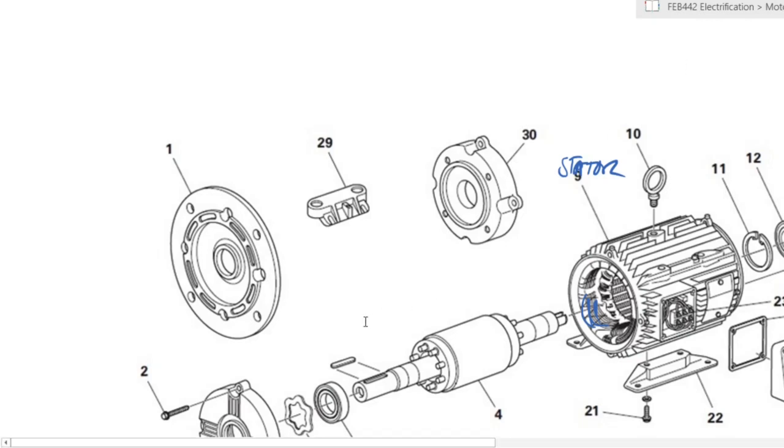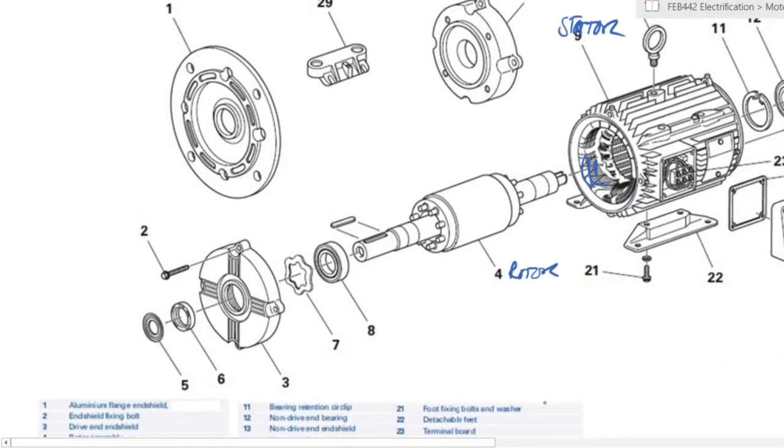Running from front to back. Number 4 here is the rotor, which we've talked about. Here, number 3, and at the other side, there's a corresponding similar component, which we call the end shield. This is what holds the motor together.